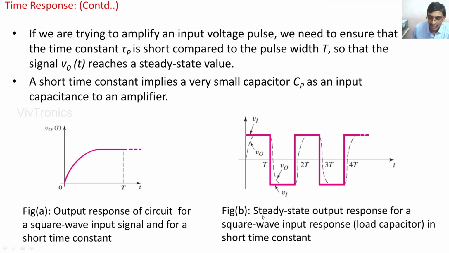Here you see the steady state output response of a square wave input and the load capacitance for the short time constant. For a short time constant, we are getting a short tilt at the input side. The output voltage reaches the steady state value as soon as possible if you take the short time constant. Similarly, on the negative side also, the output voltage reaches the steady state value as soon as possible when we take the short time constant.